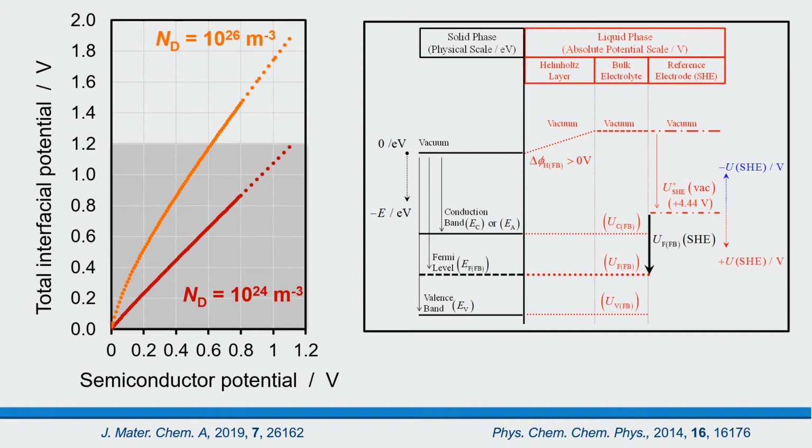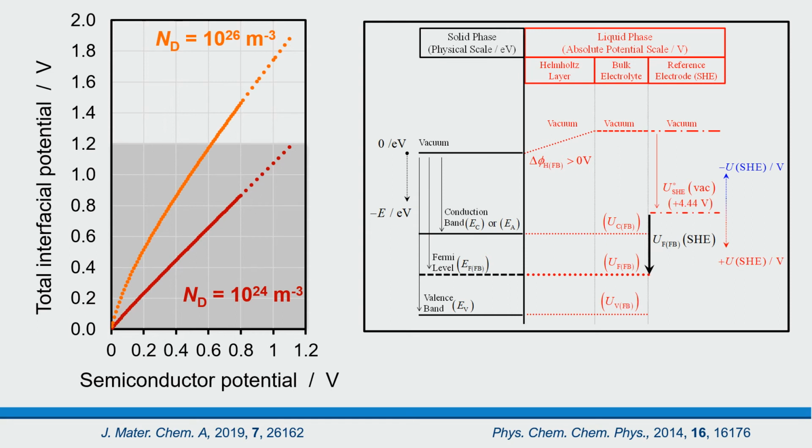So we discussed this in a publication published quite a few years ago in Phys-Chem-Chem-Phys, which is that the potential drop across the Helmholtz layer at the flat band condition depends on whether the pH of the solution being used for the experiment is higher or lower than the pH of zero charge for the material.